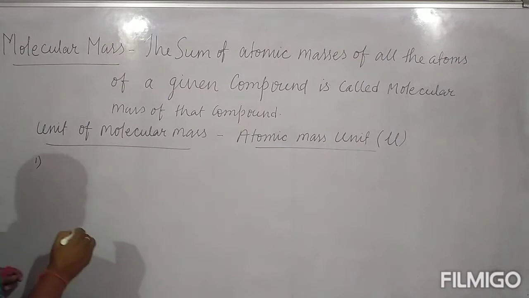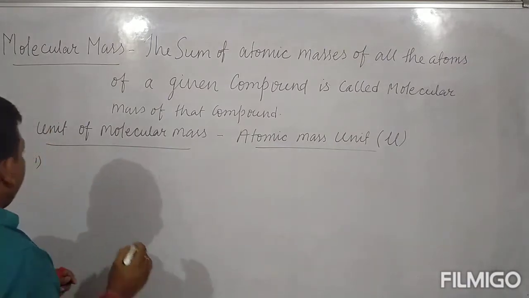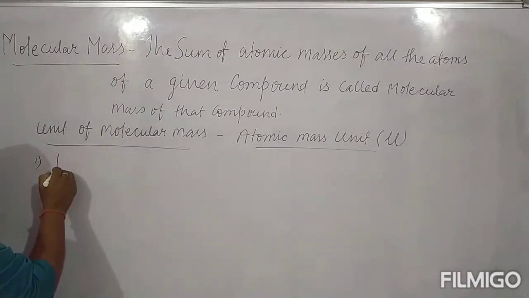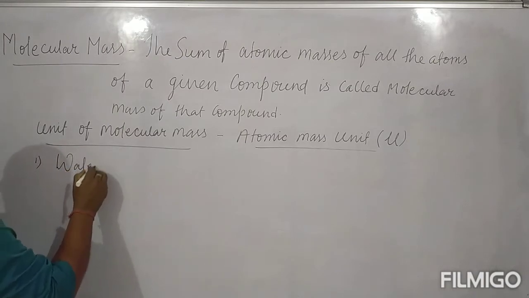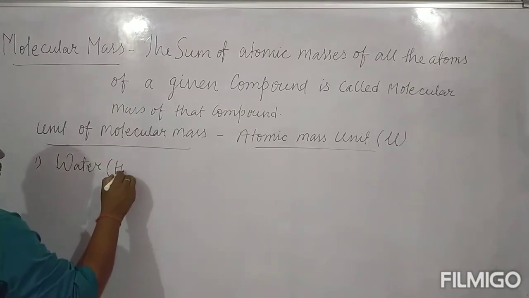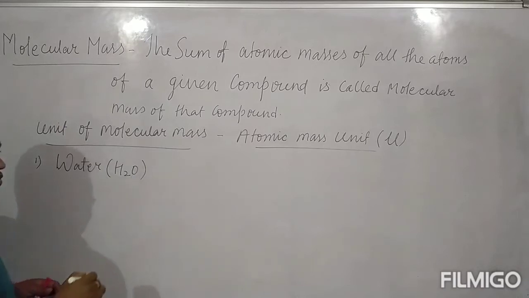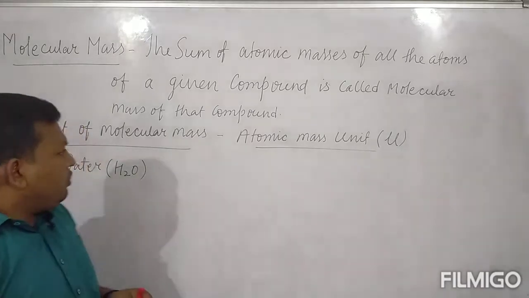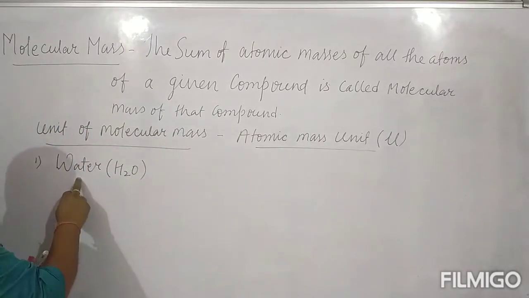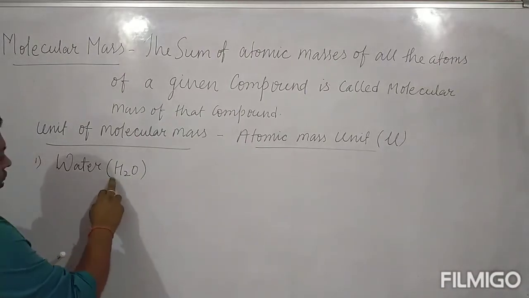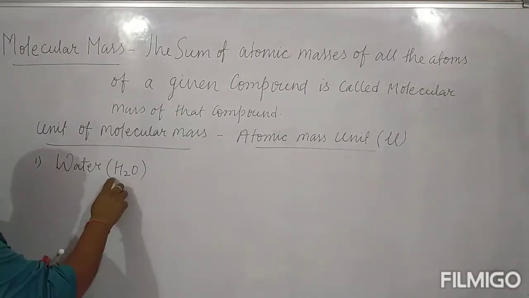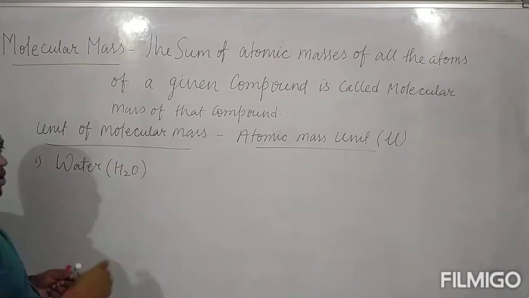For example, we have to find the molecular mass of water. How will we calculate the molecular mass of water? First we will see water is formed with which elements? It is formed by hydrogen and oxygen.